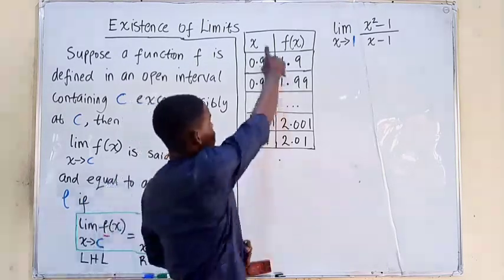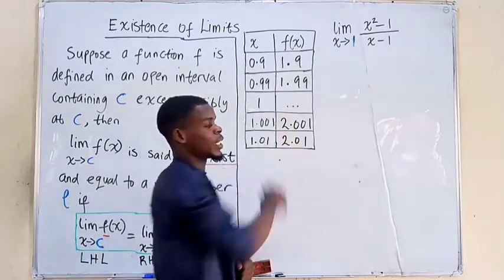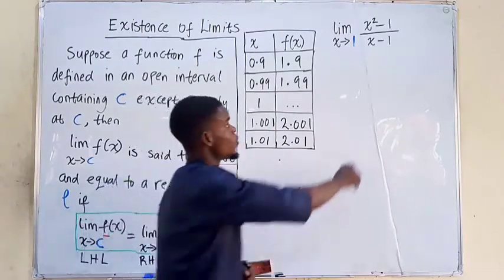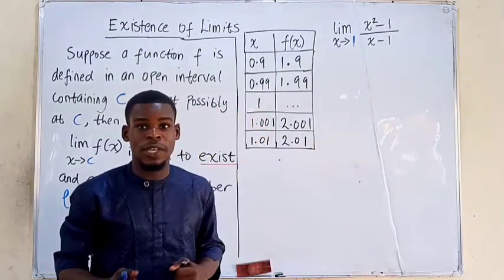This table has the input x value and the corresponding output. That is, when x is 0.9, you plug it into the function, evaluate it, and you get your corresponding result.